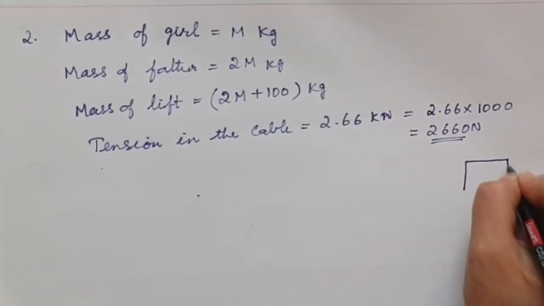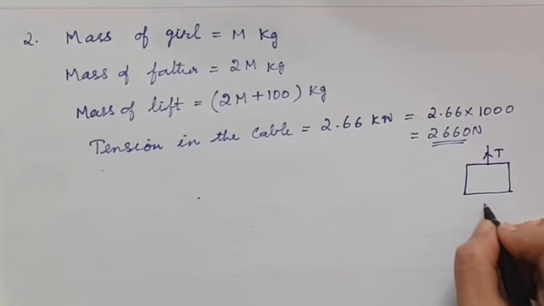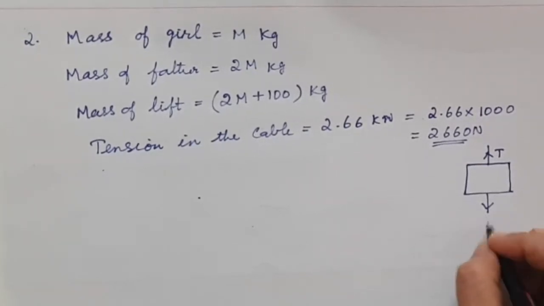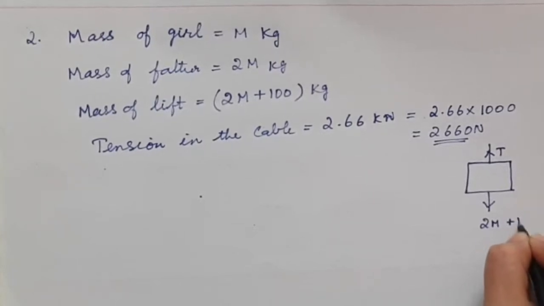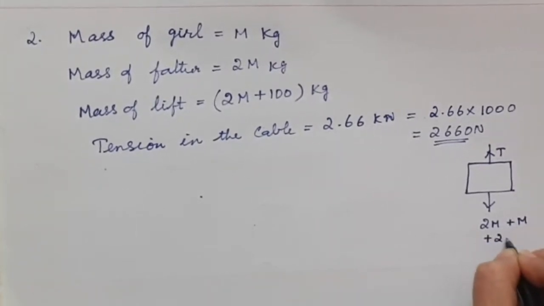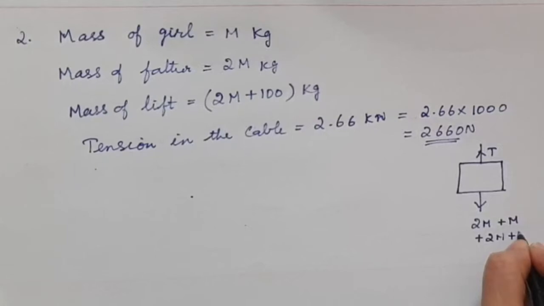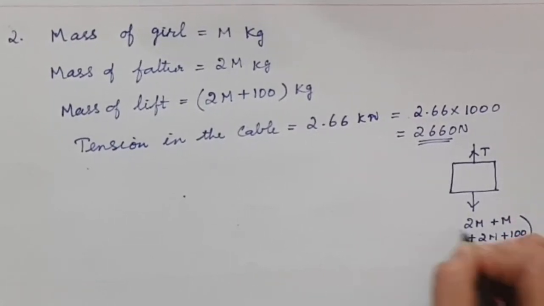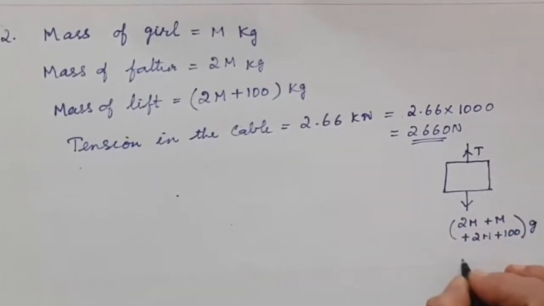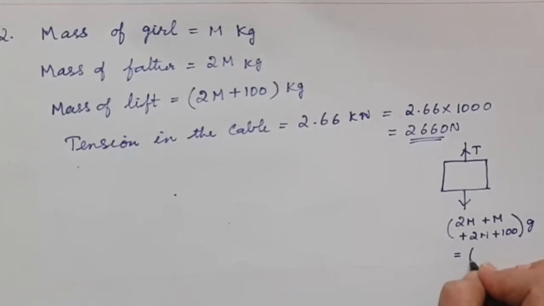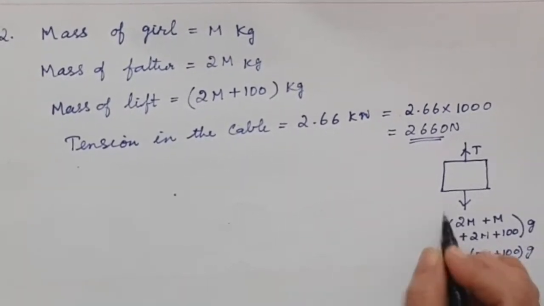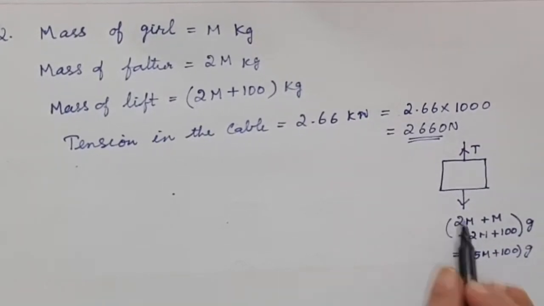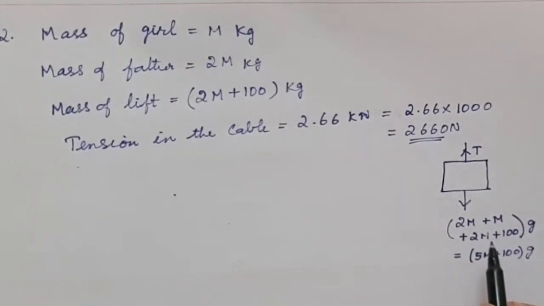Suppose we draw a diagram for the lift, tension, and this will be the weight, that is 2m is father's weight, m is the girl's weight, plus the lift's weight is 2m plus 100, all this in g. This will be equal to 5m plus 100 g. This is the weight of the lift along with the father and the daughter.